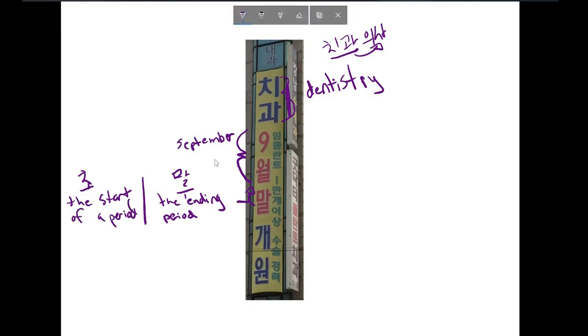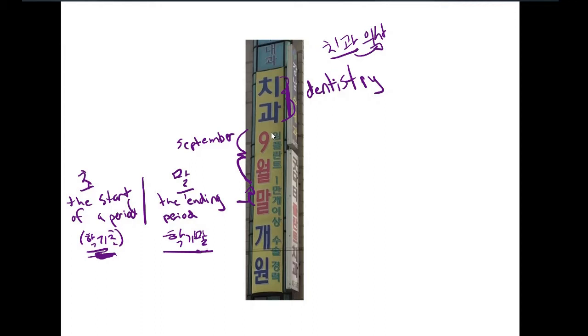For example, you could say 9월 초, and that refers to the beginning of September. But you could say, for example, 학기 초. And 학기 refers to a semester in school. And you could say 학기 말. 학기 초 would refer to the beginning of a school semester, and 학기 말 would refer to the end of a particular semester.